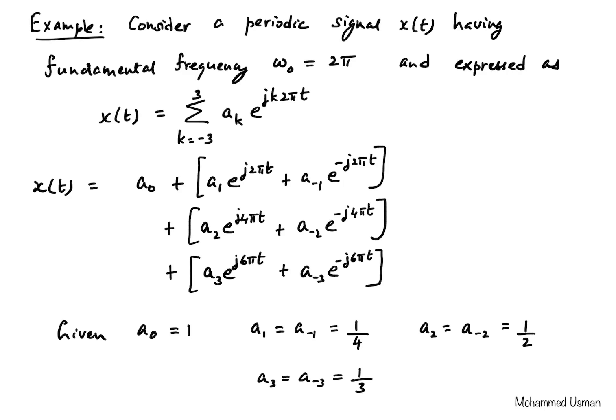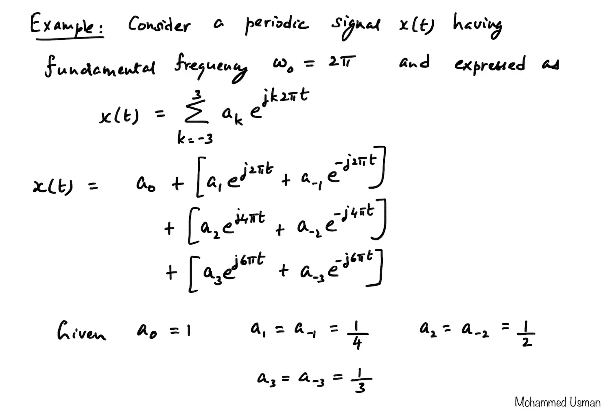But for the sake of understanding and appreciating what is going on here, when we represent a signal in terms of the Fourier series, these values have been given to us. So a0 is given as 1 by 4, and a1 and a minus 1 are given the same value. a2 and a minus 2 have the same value, and a3 and a minus 3 also have the same value.